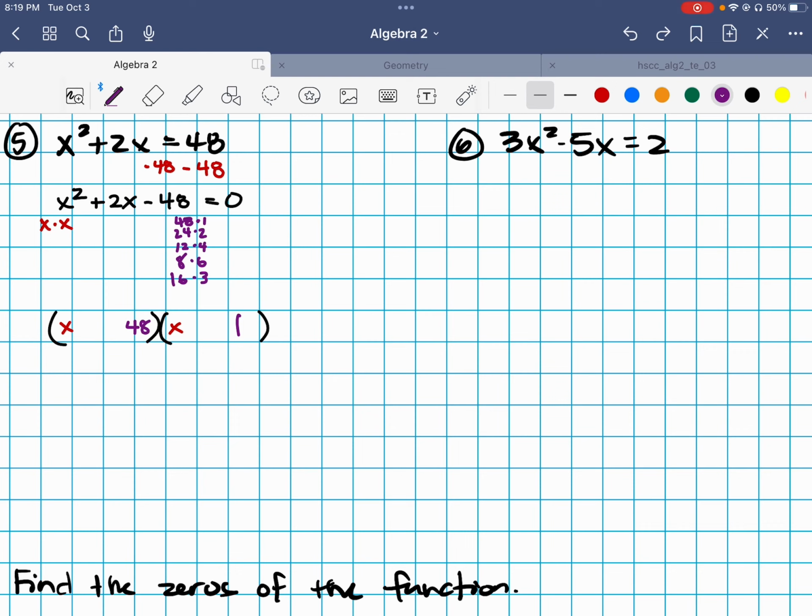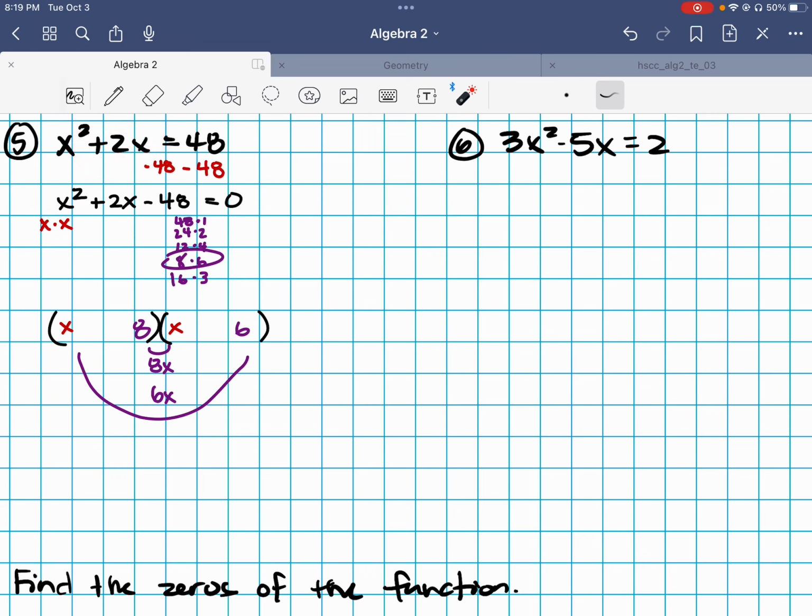I'm going to skip ahead. If I try 24 and 2, that gets us closer, but not where we want to go. But 8 and 6 are really close to that 2. So we get 8x and 6x, and then we subtract them, which will give us the 2. We look at the middle, which is positive 2, so we want to start off with more positives.